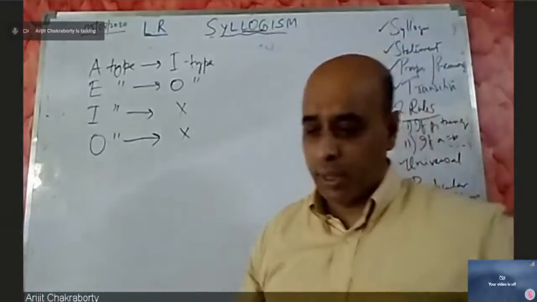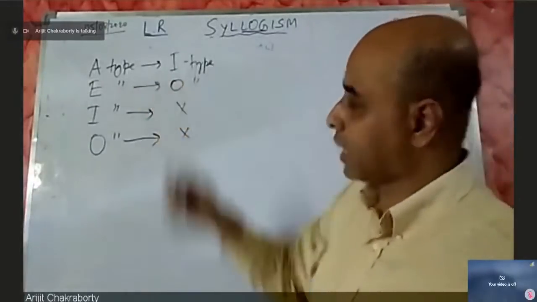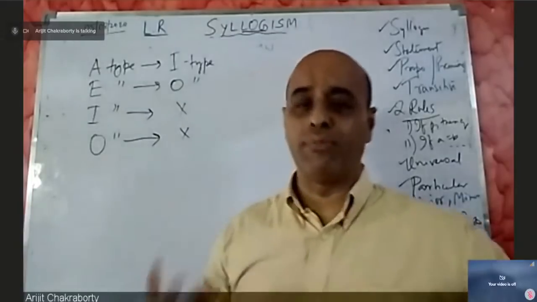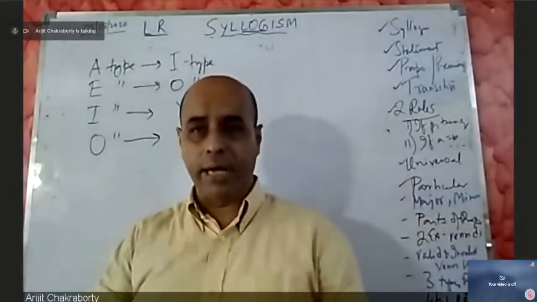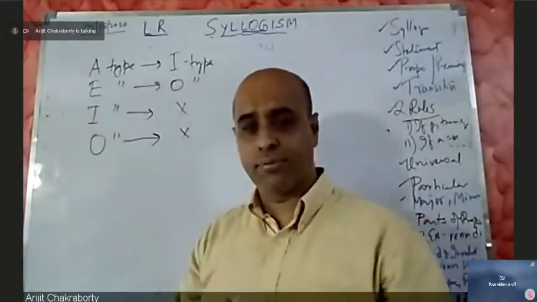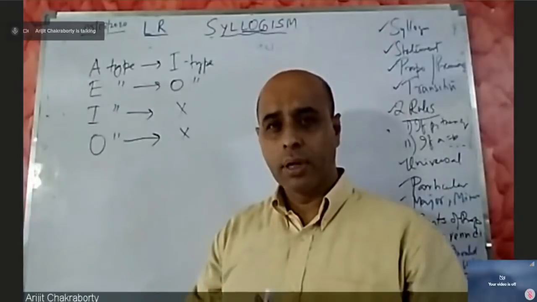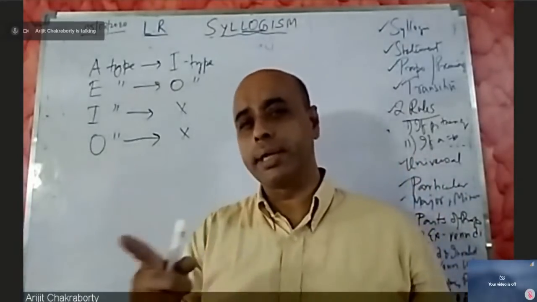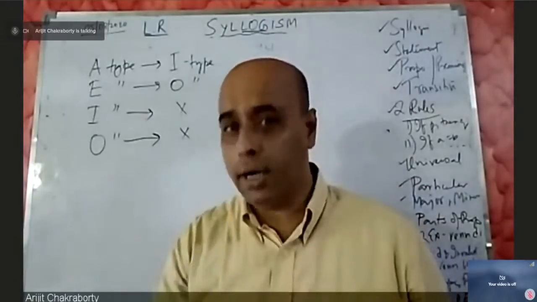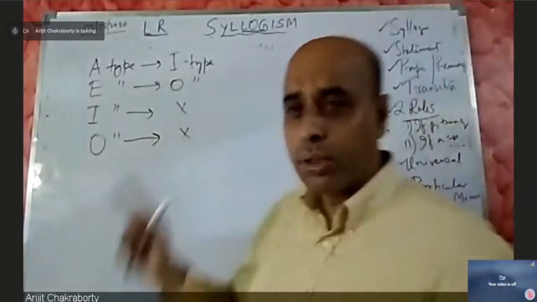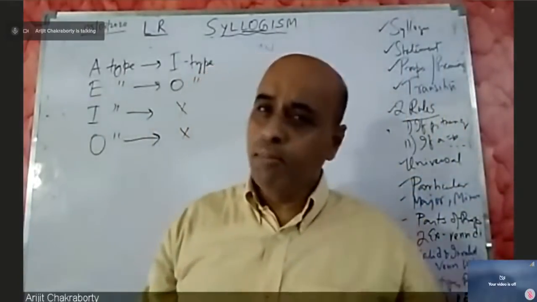Like I am giving an example, A type to I type. All boys are brave. This is an A type. Why A type? Because it is universal as well as positive. Now, if you want to conclude, I can write some boys are brave.